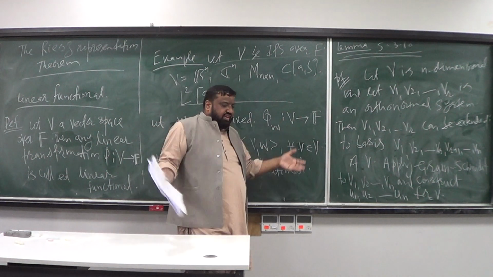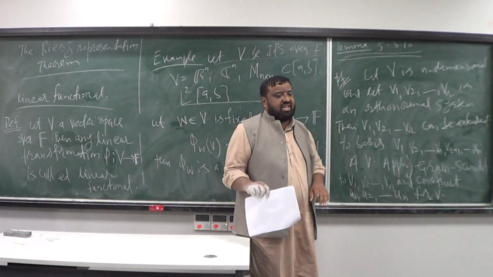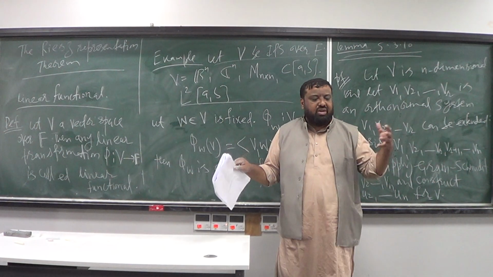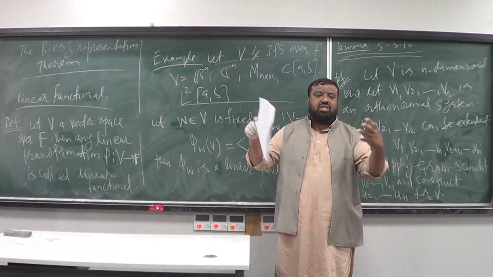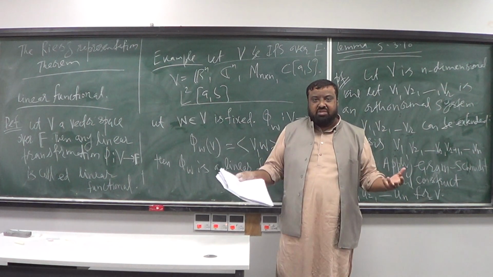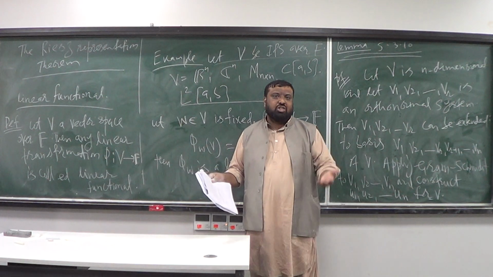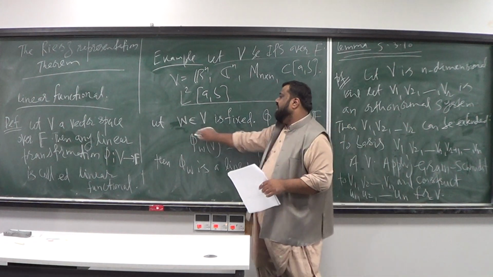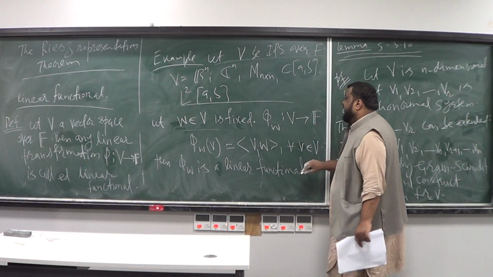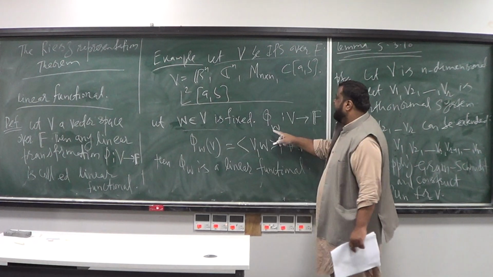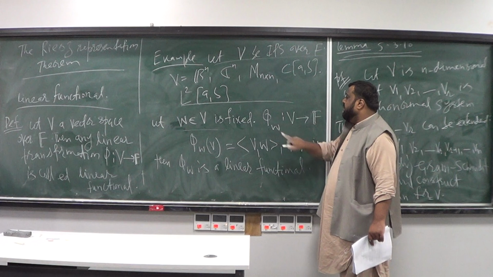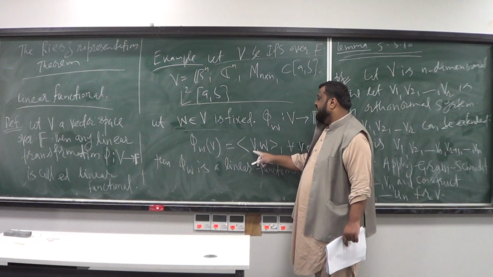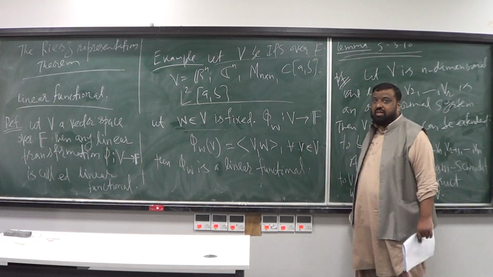When we move ahead, we will see that the collection of all such linear functionals also becomes a vector space, and you call that vector space a dual space. I'm not going to get into that, but for now, take w, and using this fixed w, I can define a map that depends on w such that phi w operated onto any v takes the inner product of v with this fixed element w.